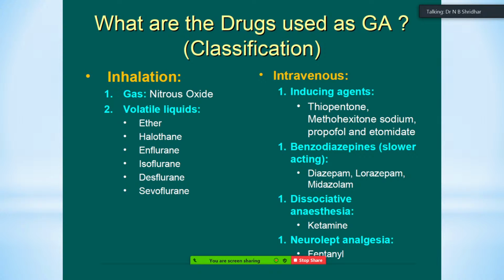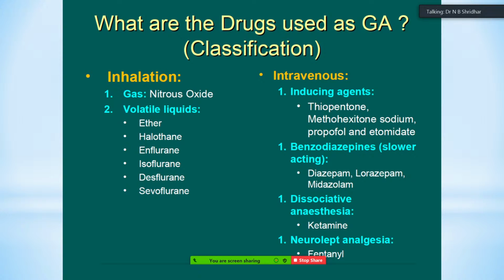Intravenous anesthetics include thiopentone sodium, methohexitone sodium, propofol, and etomidate, all administered through the veins.